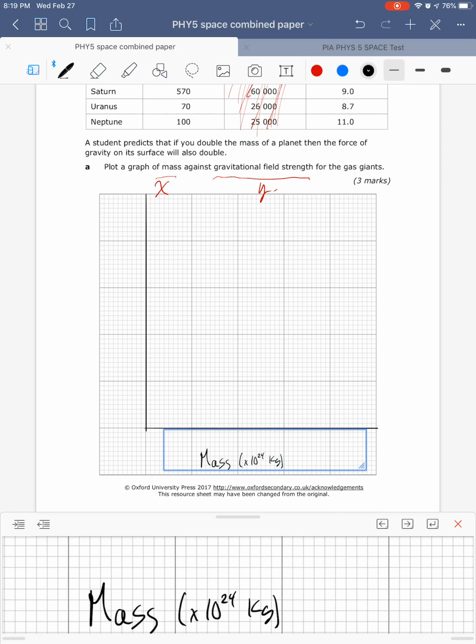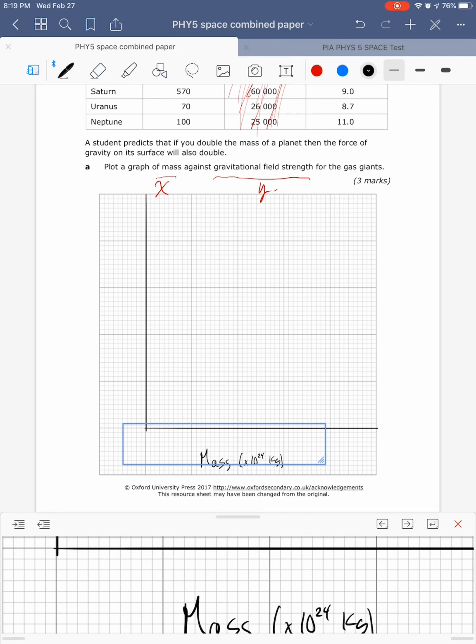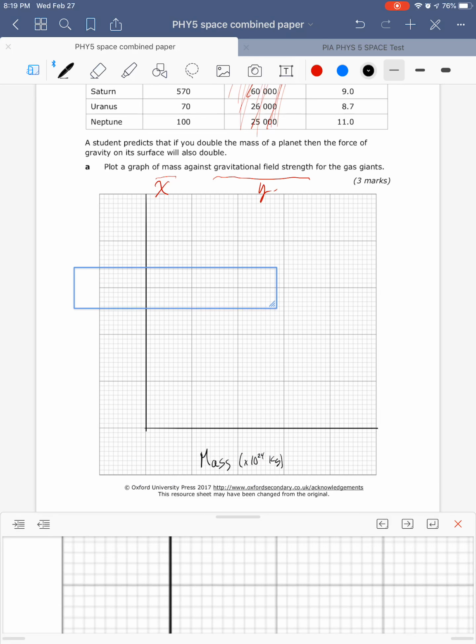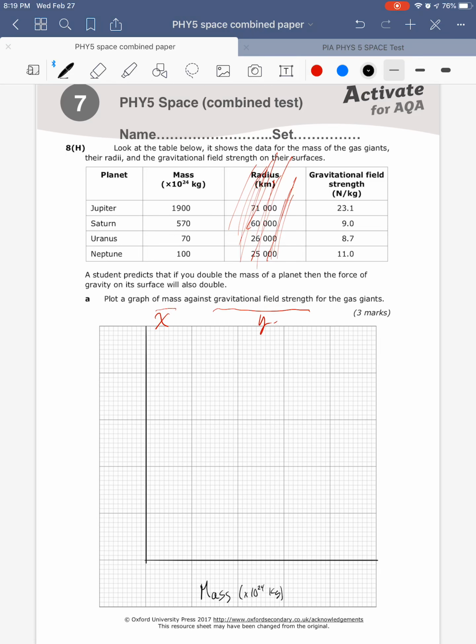What that means is that if I read off a 1 from here, it's actually 1 followed by 24 zeros for kilograms. My last one, I'm just going to shorten to GFS because I don't want to write it all out. Gravitational field strength is in newtons per kilogram. Remember, your labels can come right from there.